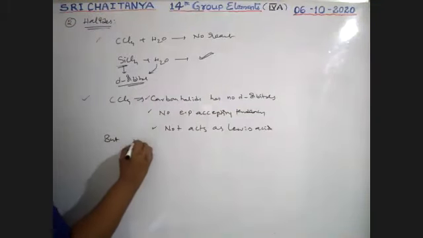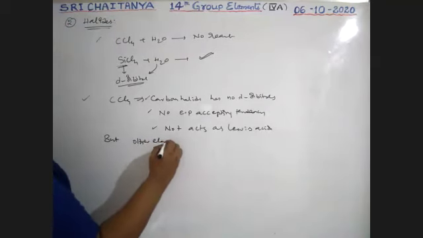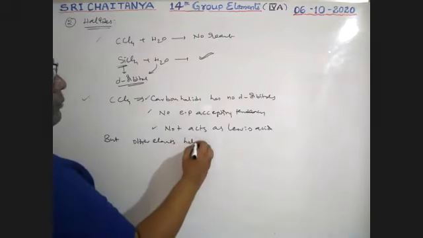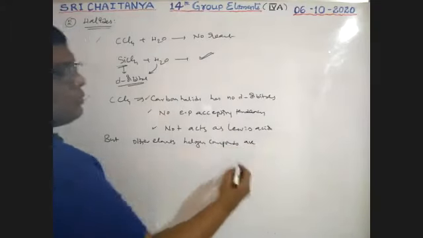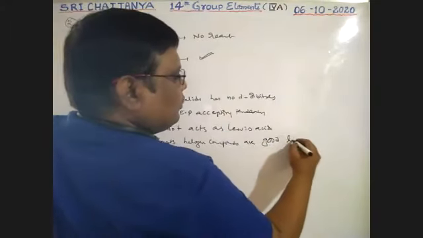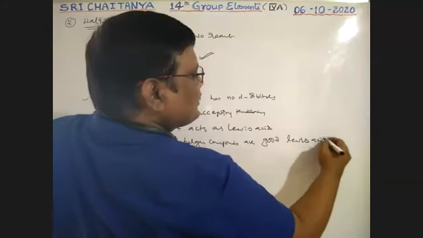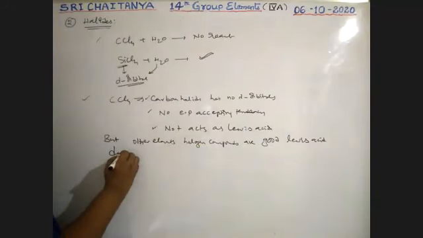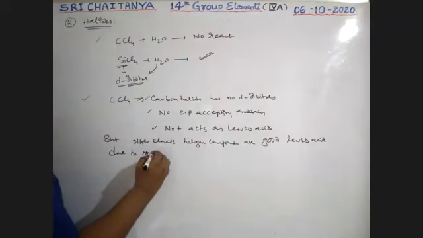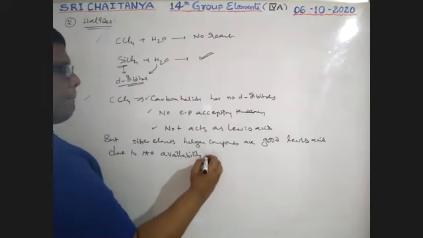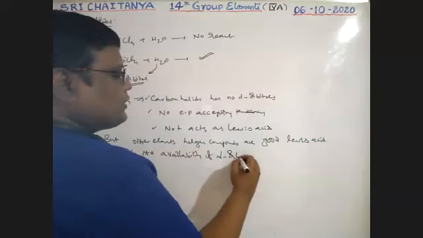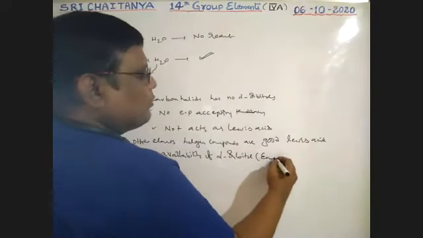But other elements' halogen compounds act as good Lewis acids due to the availability of empty d orbitals.